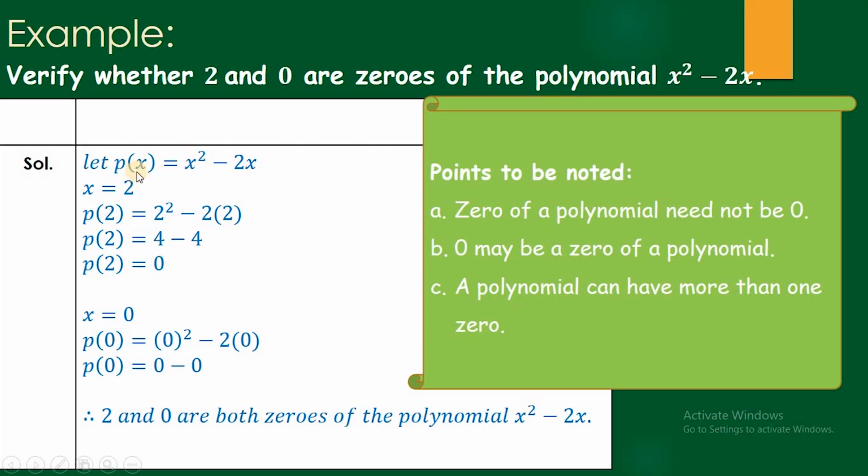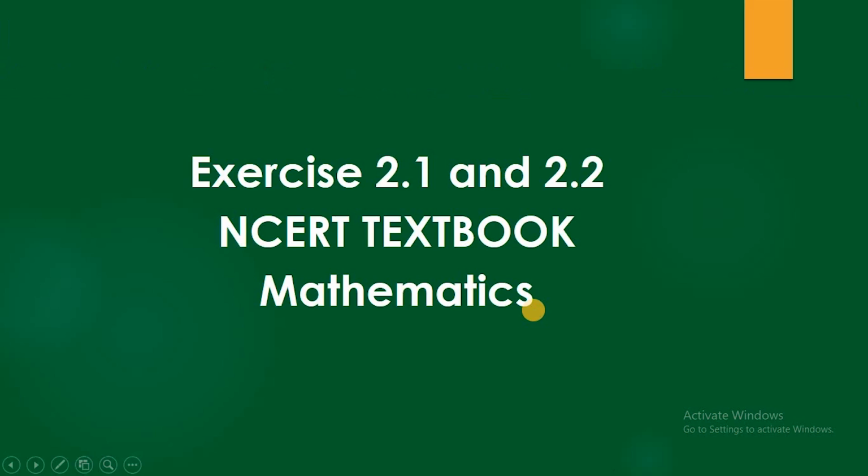For example, this is a quadratic polynomial. Every quadratic polynomial has 2 zeros. In the previous example also you can check. And every linear polynomial has 1 zero. So we'll discuss more about it in the later part of the chapter.